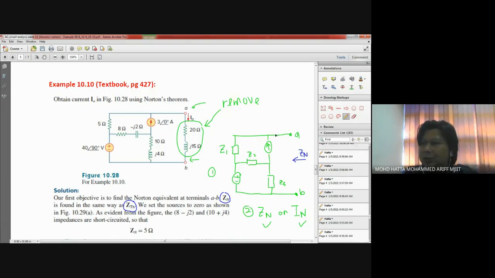As usual, the current source we treat as an open circuit, and the voltage source should be treated as a short circuit.